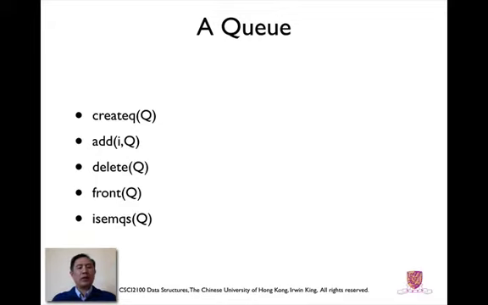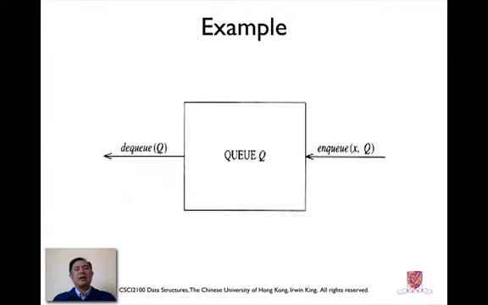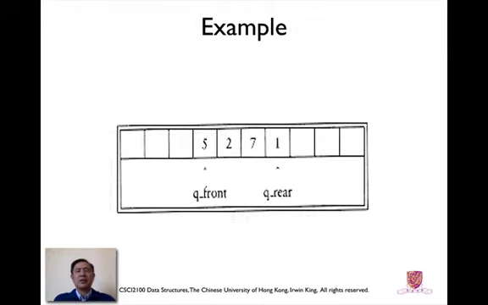Here we can see that we also have operations like create, add an item, delete what's at the front, and check whether the queue is empty. And here is a schematic of a queue. You enqueue an item into the queue, then you dequeue it, taking out whatever item is at the front of the queue.